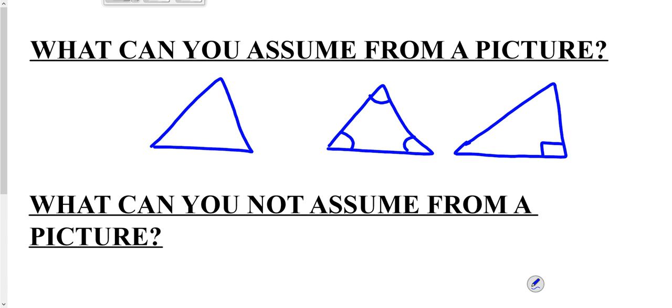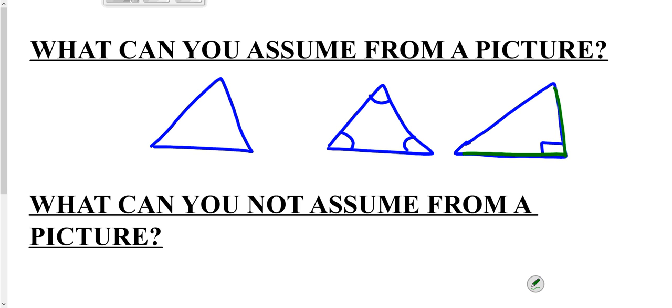So I need to look at the information that's given to be able to answer, can I assume this? Can I not assume this? So regardless of how close an image really looks to being a right angle, and remember, a right angle has perpendicular lines. These are perpendicular if that's a right angle.